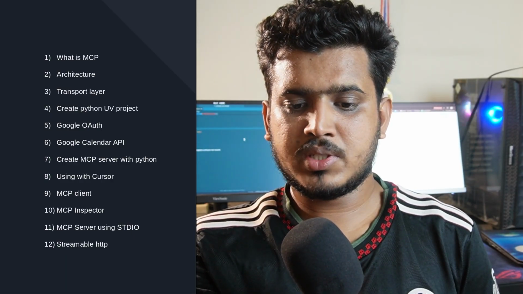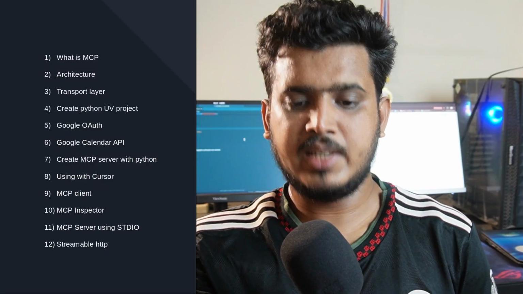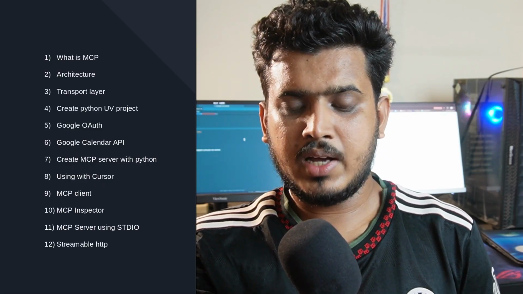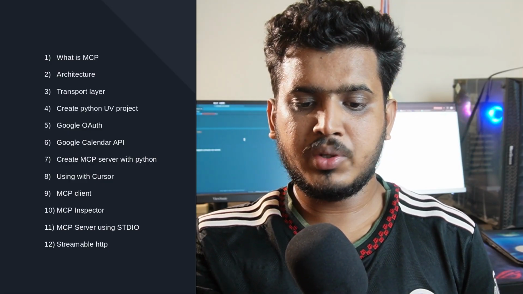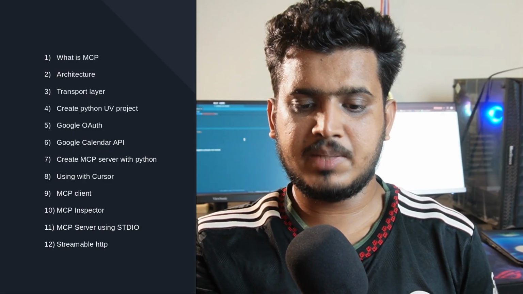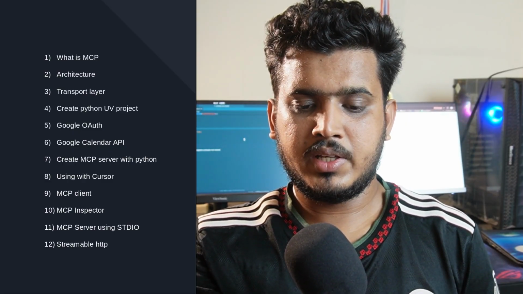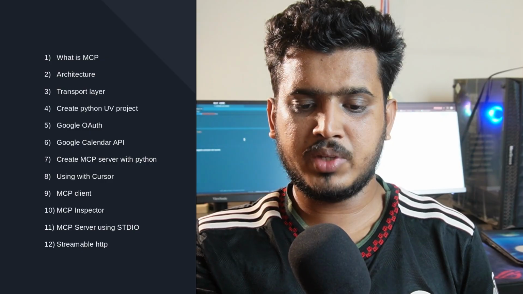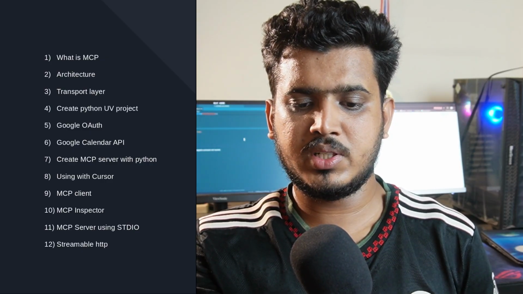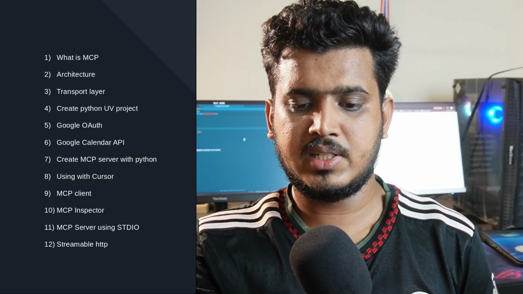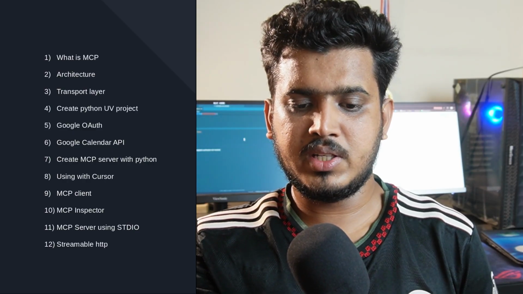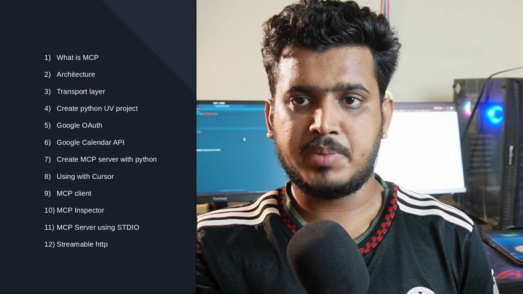We are going to use Cursor as an MCP client. We are going to learn about the MCP client. We are going to use the MCP interceptor, and there are two transport layers we are going to use in this video. One is an MCP server using stdio, another one is streamable HTTP.